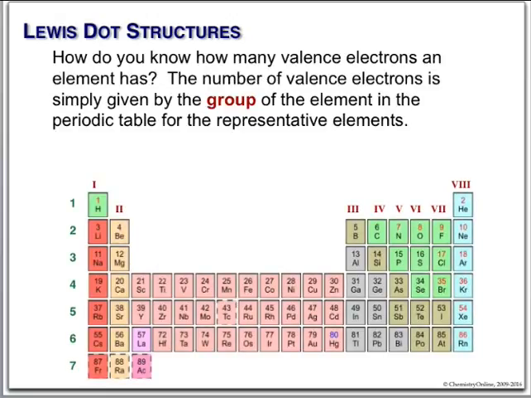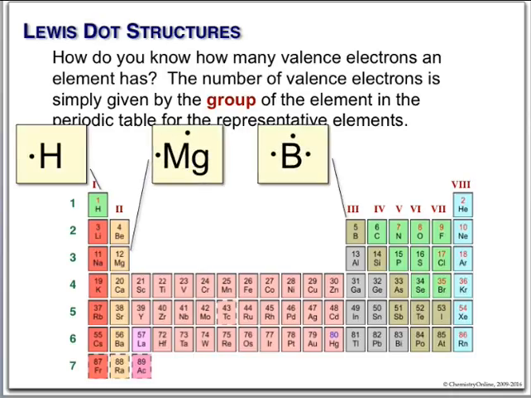How do you know how many valence electrons? Remember I said that even though there are 18 of these things going across, it was really handy just to number them 1 through 8? Well, if you hadn't noticed, the group number corresponds to the number of valence electrons, doesn't it? So up here in group 4, we have 4 valence electrons.